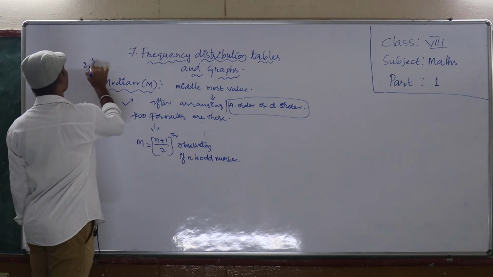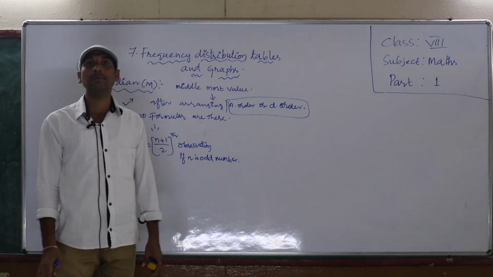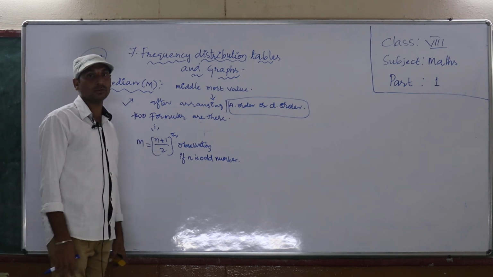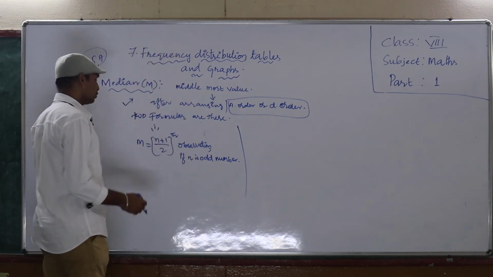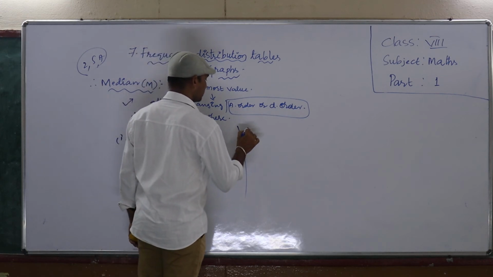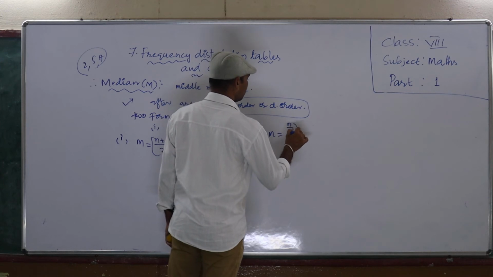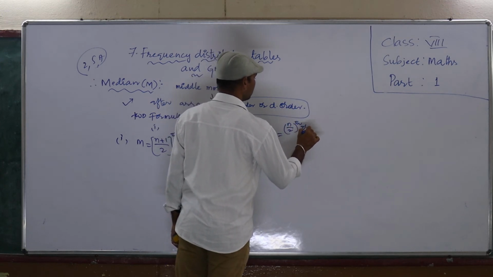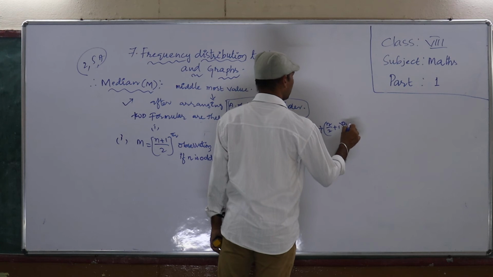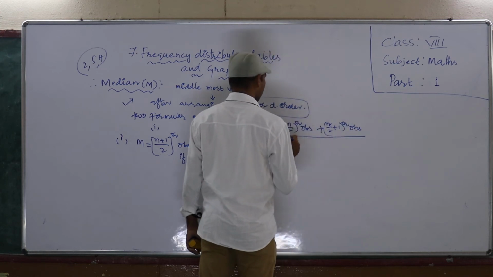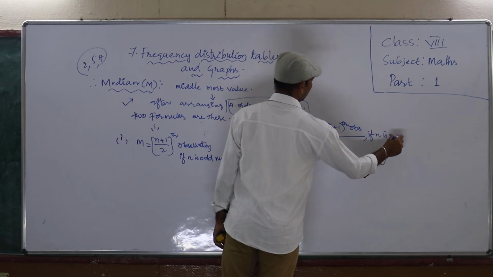For example 2, 5, 7: there are 3 observations, and 3 is an odd number, so we take this formula. The second one: M is equal to the average of the n by 2 th observation and the n by 2 plus 1 th observation, that is, divided by 2, if n is an even number.